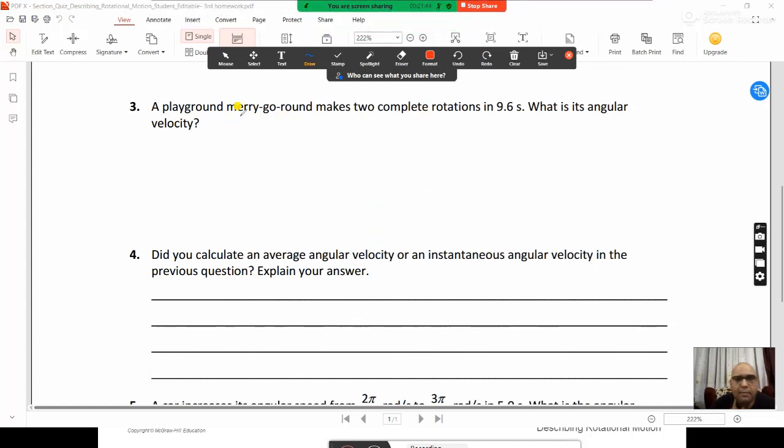A playground merry-go-round makes 2 complete rotations in 9.6 seconds. What is its angular velocity? Now the angular velocity, guys, is theta over time.